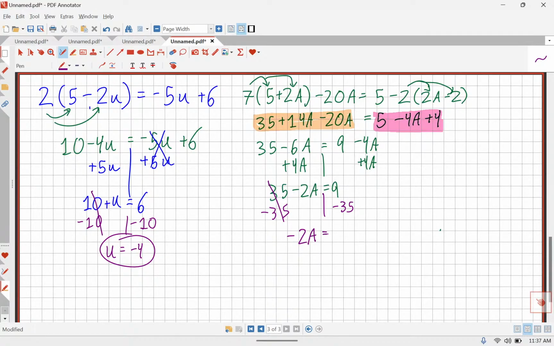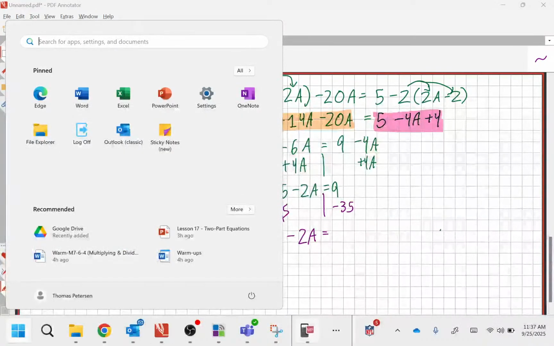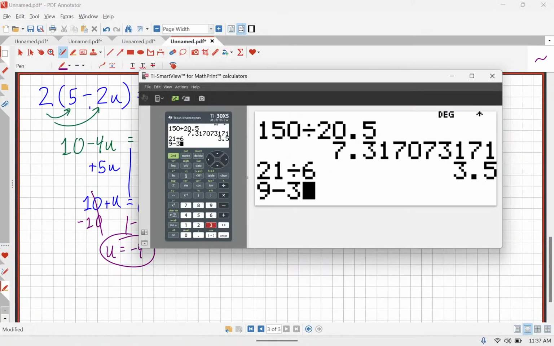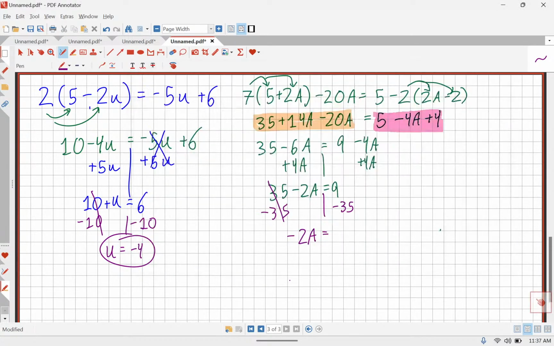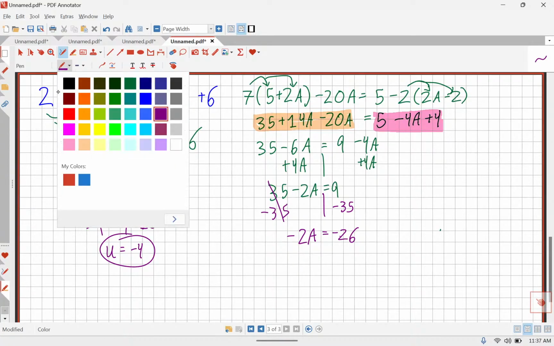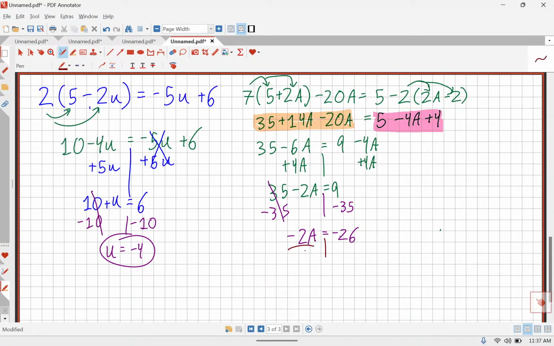Negative 2a equals 9 minus 35, negative 26. Last thing, Crystal? Divide both sides by negative 2, which means your answer is what, Crystal? How many of us got a equals 13 or see how we got that and aren't too concerned? You guys doing okay? That's beautiful.